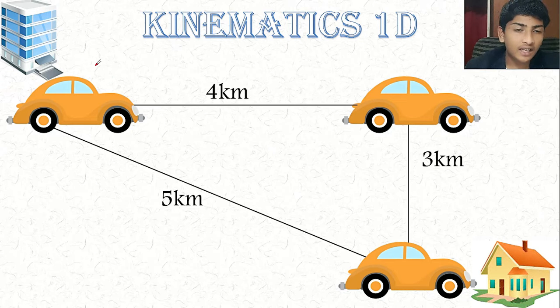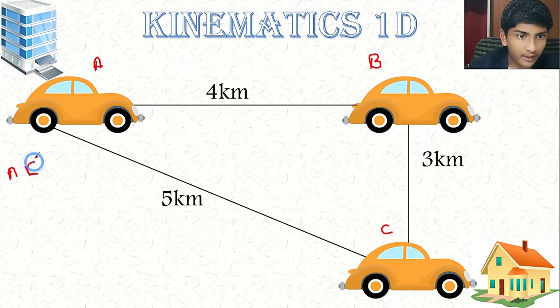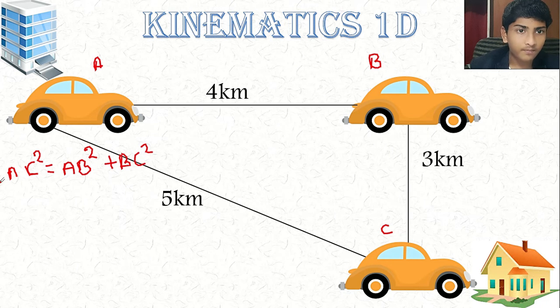Let's take these three points as A, B, C. To obtain this displacement we need to do AC square is equal to AB square plus BC square. We don't know the AC value yet, so write AC square as it is.